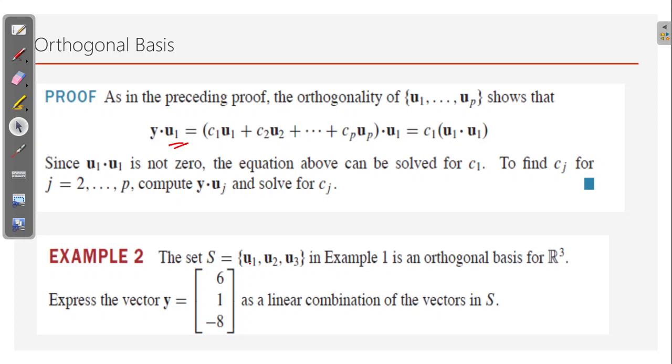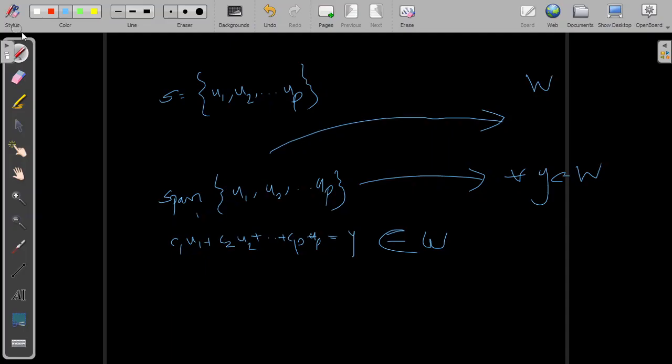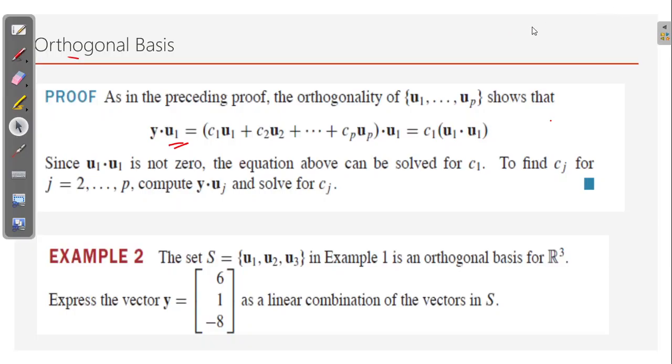Hence you will get the value of c1 as c1 equal to y dot u1 divided by u1 dot u1. So this is the technique used to compute c1, c2, c3, and so on.